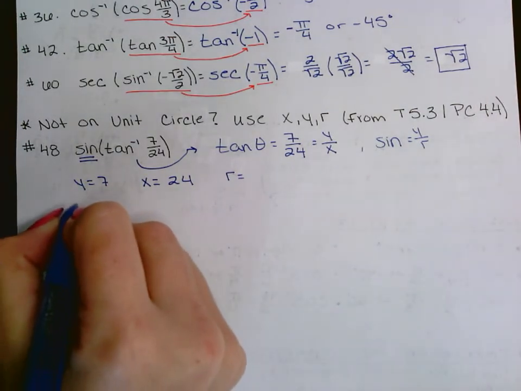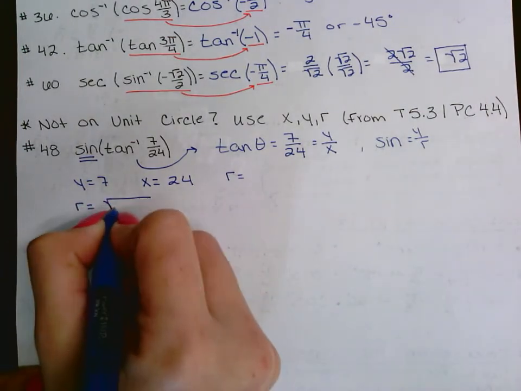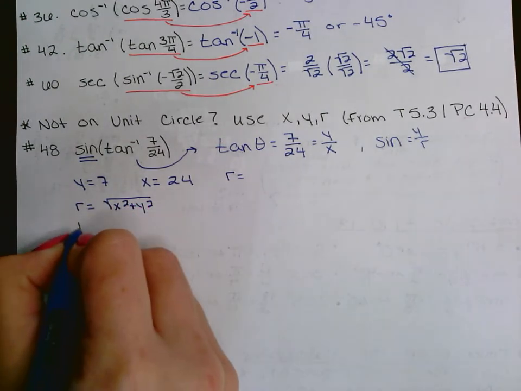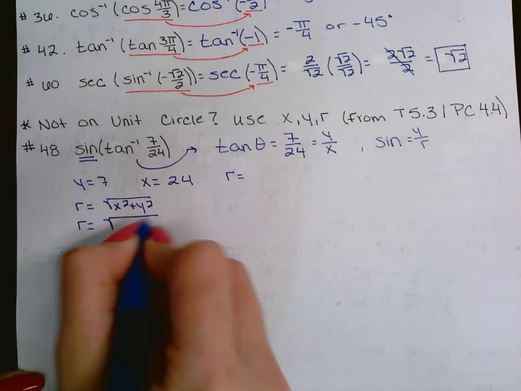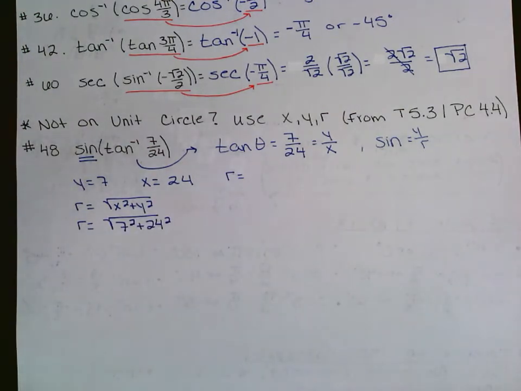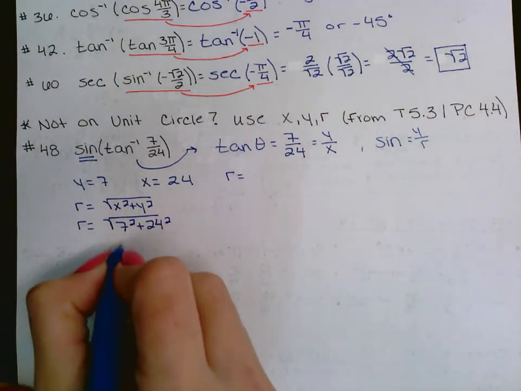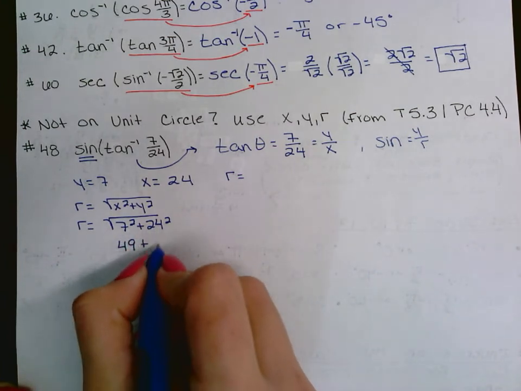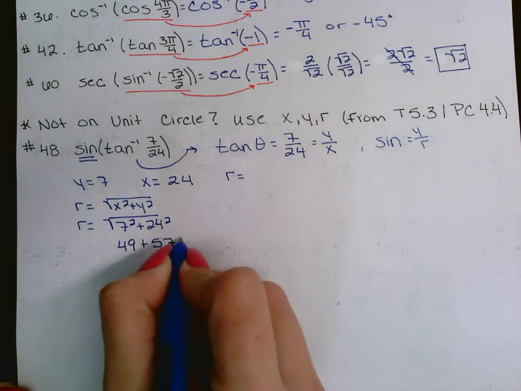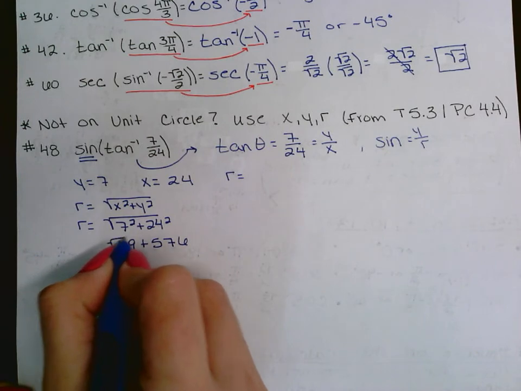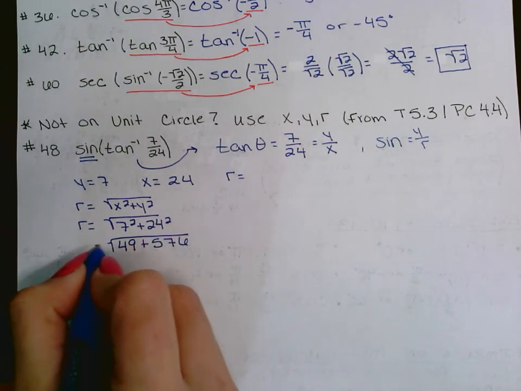So my formula is that r equals the square root of x squared plus y squared. So I could say r equals the square root of 7 squared plus 24 squared. All right, so 7 squared is 49. 24 squared is 576. And then add those together and do the square root.